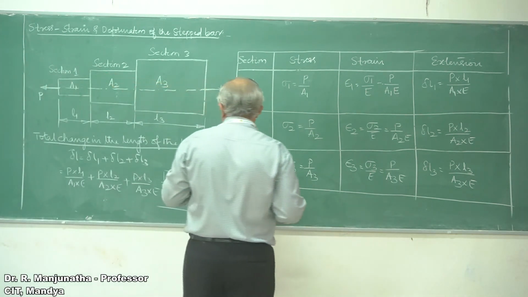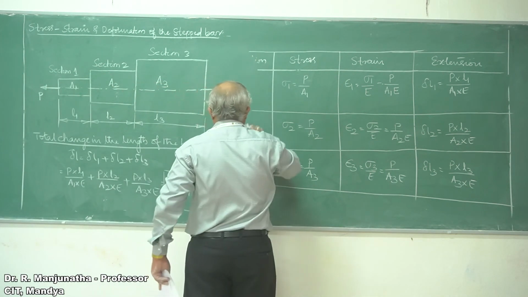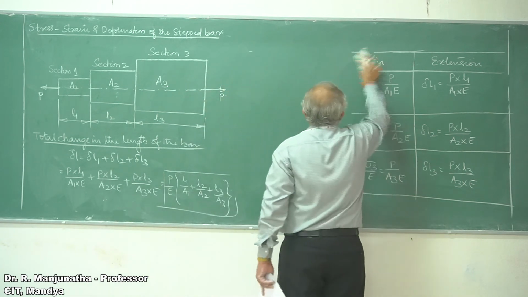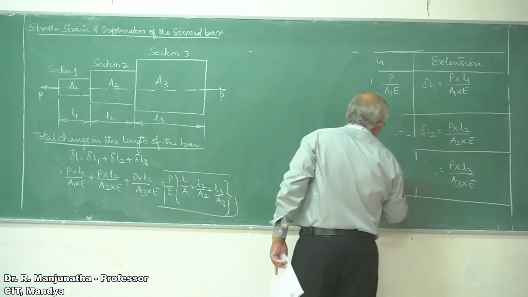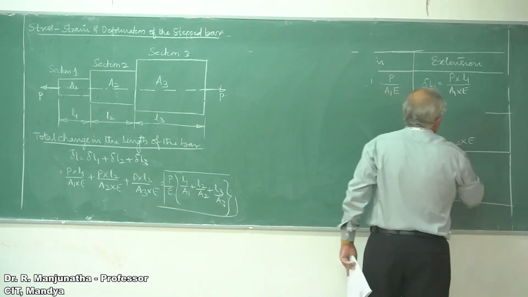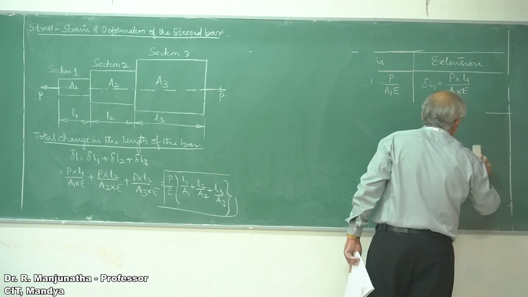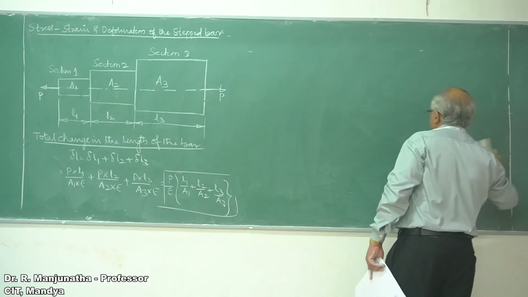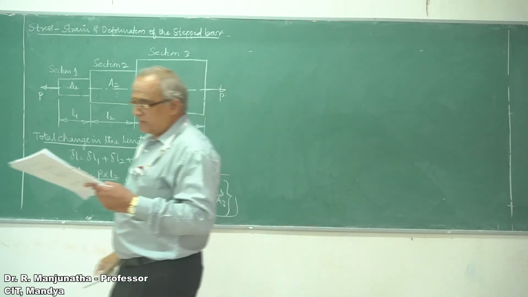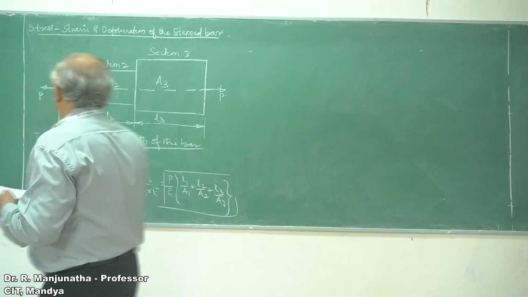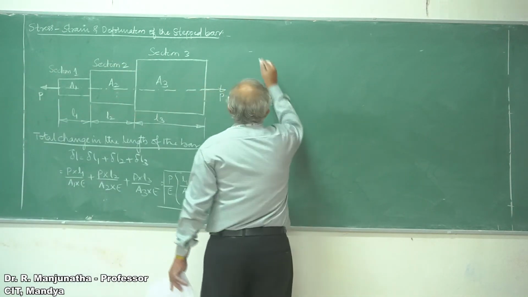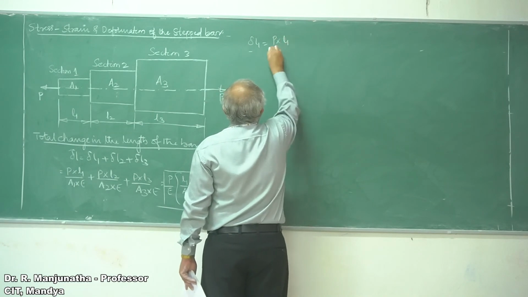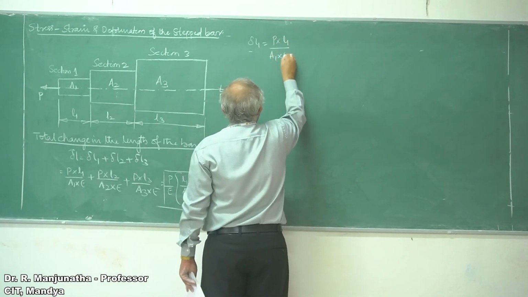But suppose the sections are made out of different materials, then what happens? Then naturally the variable will also be here. This is also one of the criteria wherein you are going to have a composite material. In such cases, wherein you have two different materials in a single shaft, if the sections are made of different materials, then delta L1 will be equal to P into L1 by A1 into E1.